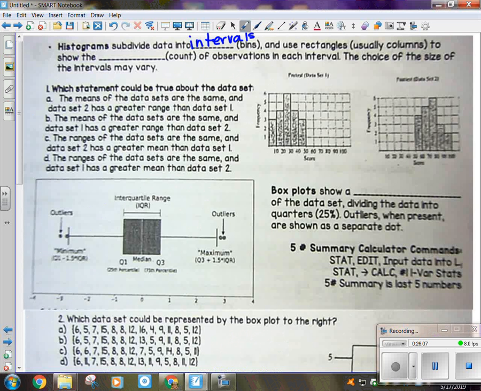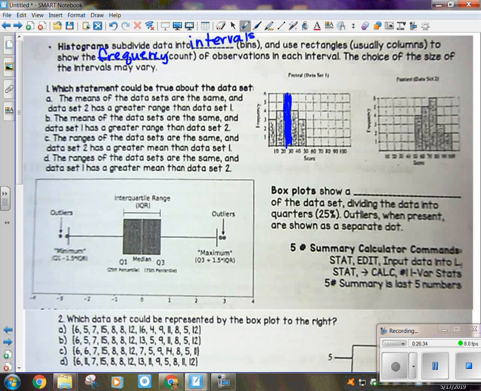Intervals or bins. We're talking about a space like right here. See how this would be a bar, or an interval? It probably goes from something to something, so we're in between numbers. And we use rectangles, usually columns, to show the frequency or the count of the observations.